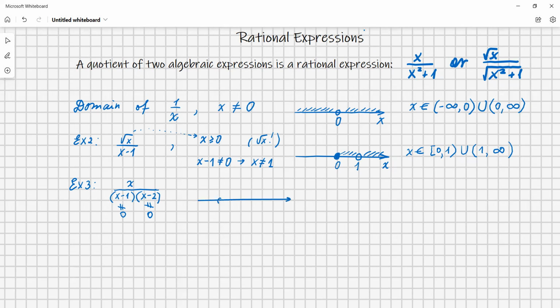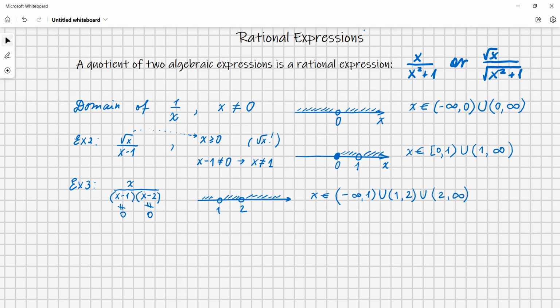One is going to be 1, and another one is going to be 2. All other points are allowed over here. So I'm going to draw the shading and write down that x belongs to the interval from negative infinity to 1, union, from 1 to 2, union, and from 2 to positive infinity.